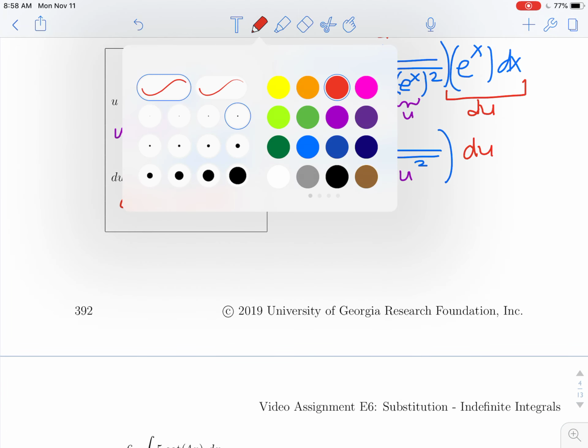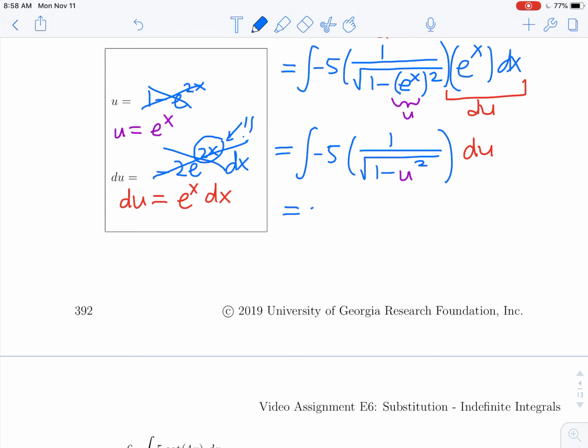So now we evaluate the indefinite integral, and one way to do it is negative 5 arc sine of u plus c. You could also use a multiple of arc cosine instead, but you can use either one and it doesn't matter. I tend to default to using arc sine. And now your very last step is to go back and put the x's back in. So this is the same thing as negative 5 arc sine of e to the x and then plus c.